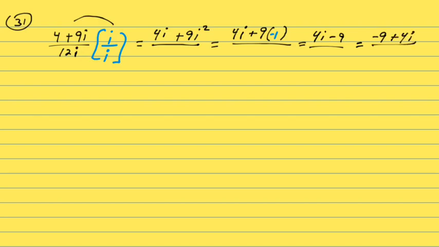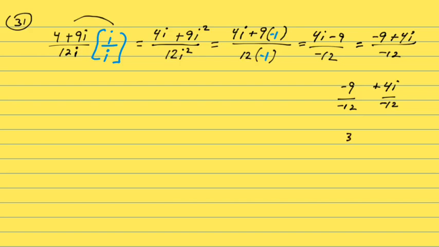Anyway, that's just the numerator. The denominator, you just multiply, you get 12i squared. i squared is again negative 1, so that makes this negative 12. Let's see, I don't think it simplifies, but I have a negative 9 plus 4i, and they're both divided by negative 12, right?